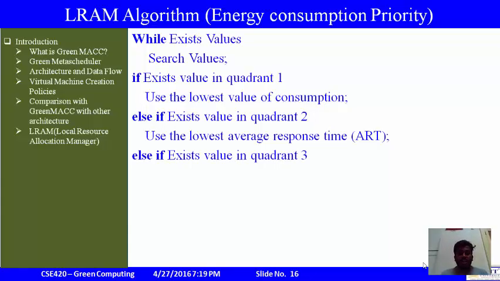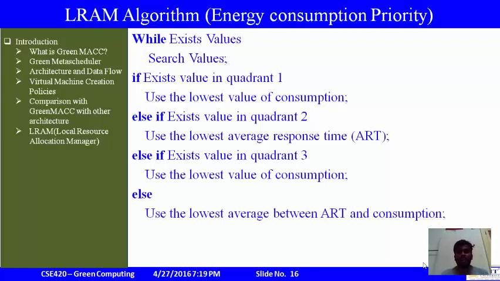Next, if the value exists in quadrant 3, we'll use the lowest value of consumption. Else, use the lowest value of ART and consumption. The point to be noted here is, in any case, any one of these values will only be chosen as the cases are given as else if or else. If one of these cases is satisfied, end and keep executing the next step in the loop.